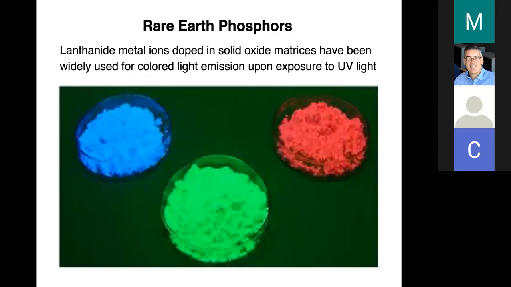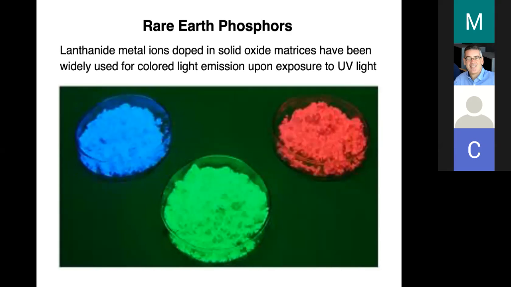Another extremely common and important use of rare earths or lanthanides is as phosphors. And so many of you probably have seen minerals. If you go to a natural history museum, say the Smithsonian, you'll see these dark rooms where a lot of times lanthanide minerals are shown under UV lamps.